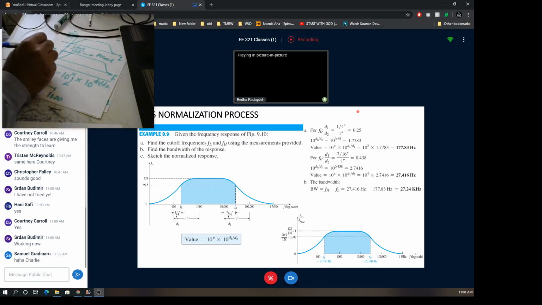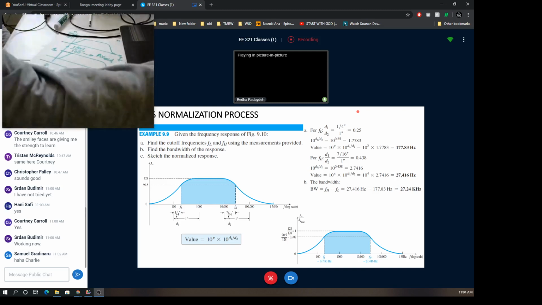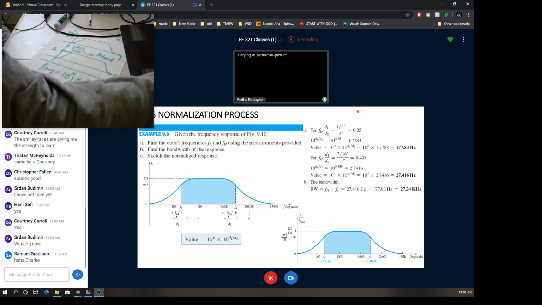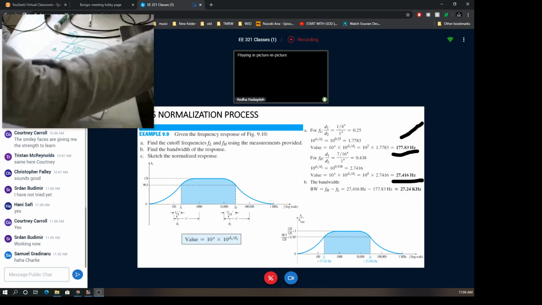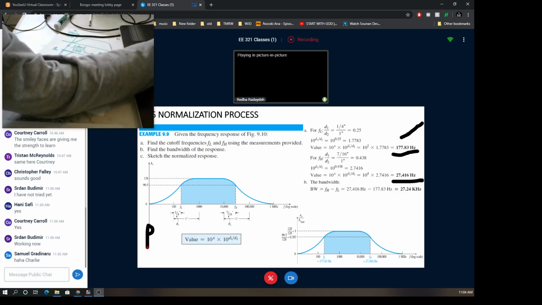Okay. Anybody found the lower cutoff frequencies, higher cutoff frequencies? This is the value of the lower cutoff frequency here, and this is the value of the higher cutoff frequency. Again, this is the value of the frequency that we need to find.